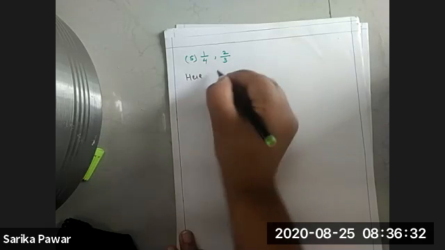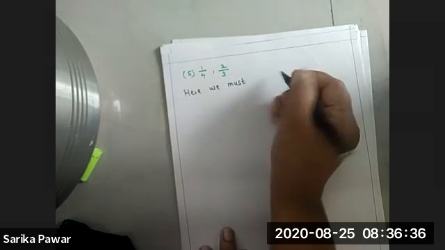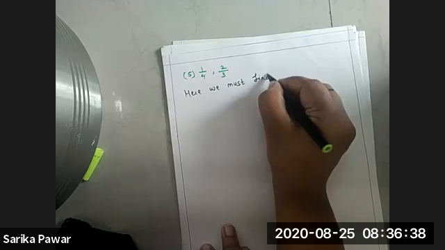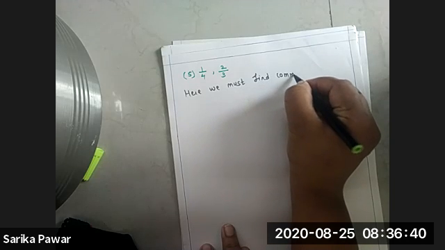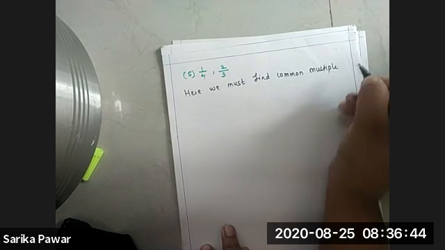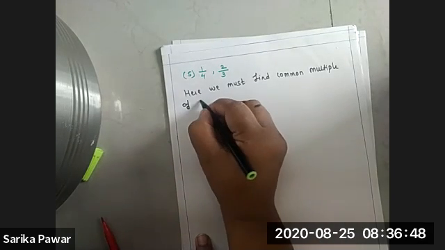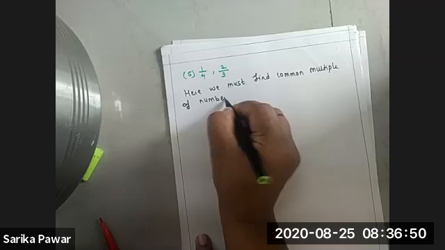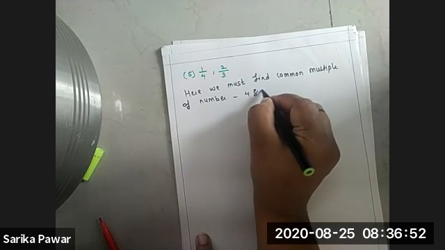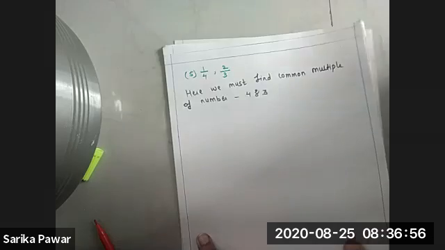Here we must find the common multiple of 4 and 3, as 4 and 3 are the denominators in the given fractions.